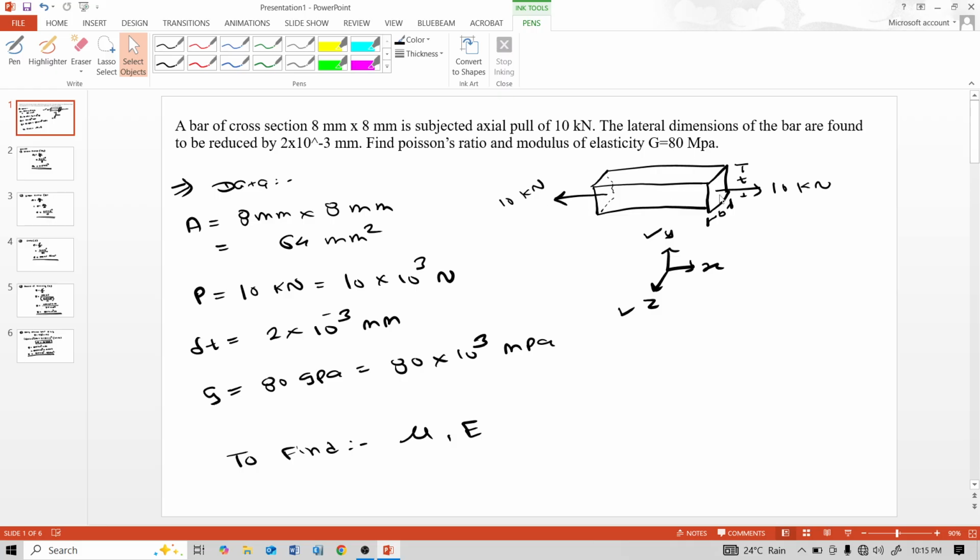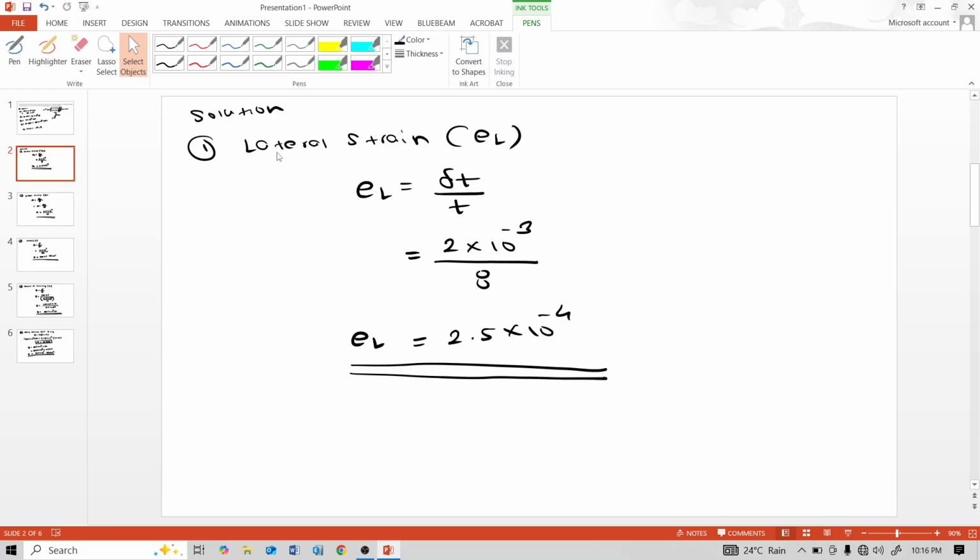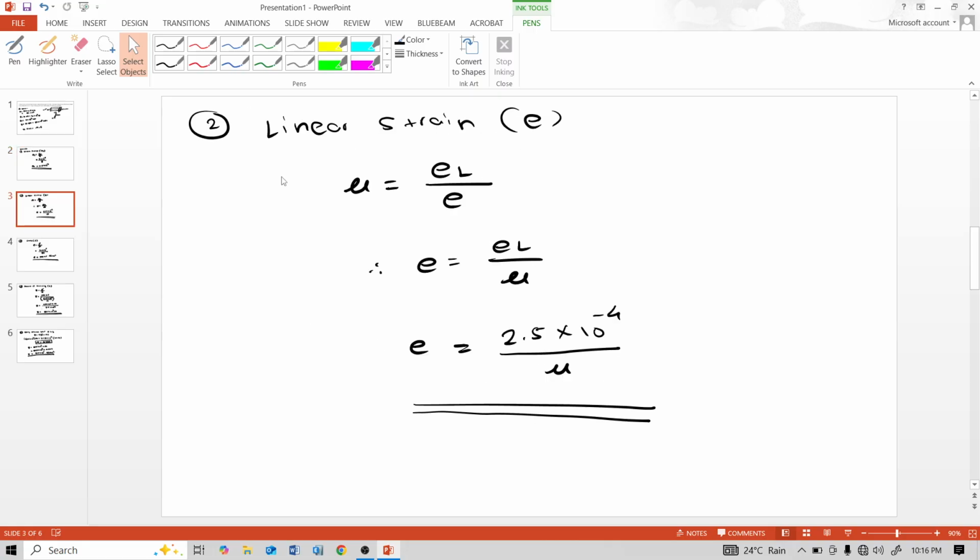See, the bar is subjected to 10 kN axial load. B and T are 8 mm. X is the longitudinal direction and Y and Z are lateral directions. Change in lateral dimension is 2 into 10 raised to minus 3 mm. Shear modulus is 80 into 10 raised to 3 MPa. And we have to find Poisson's ratio and modulus of elasticity. So for that, first we find lateral strain. Lateral strain is 2.5 into 10 raised to minus 4. After this, by using lateral strain, we find linear strain, and for finding linear strain, we use the formula of Poisson's ratio.